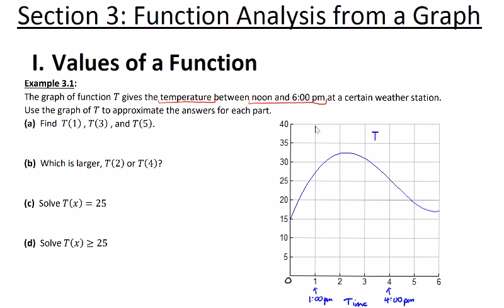There is no 0 p.m., so 0 is going to have to be used to represent noon. But that would take care of the times that I think we're going to need. And then on the vertical axis, we have starting at 0 going all the way to 40. So this is going to represent temperature values.